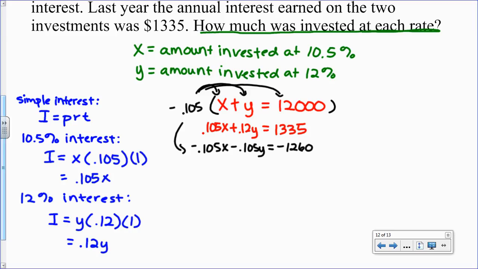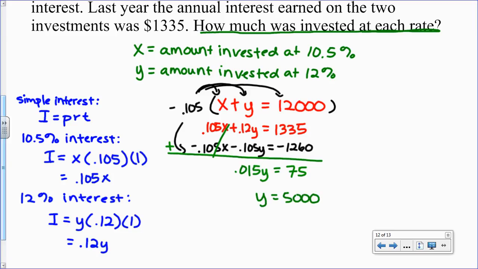Okay, and then I can add down. So if I add those, I got 0.015y equals 75, and then for y, I got 5,000.